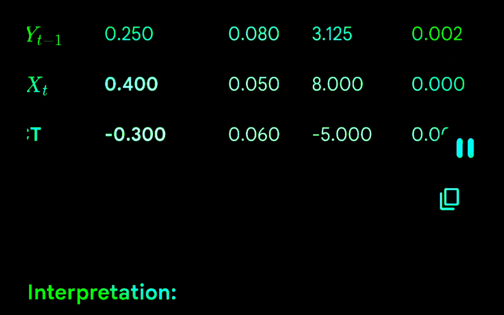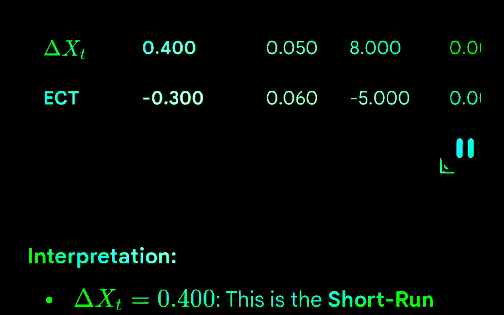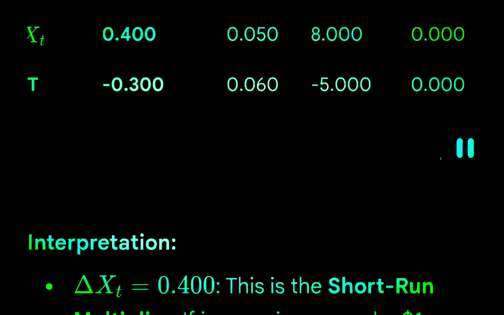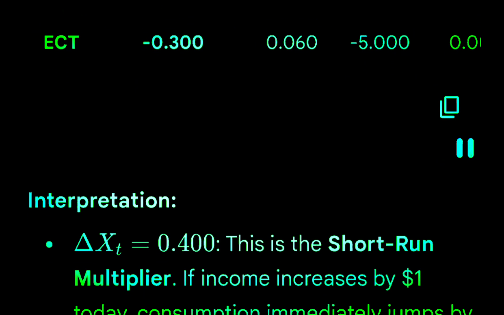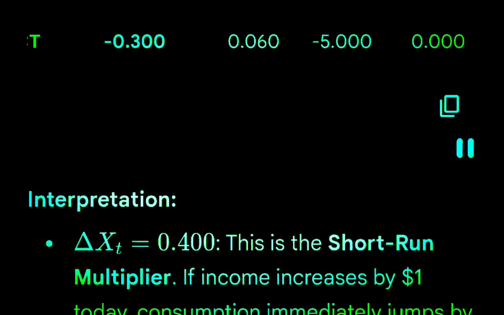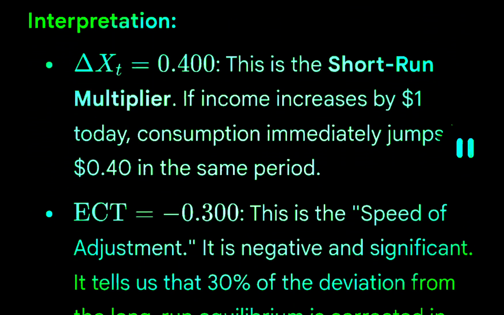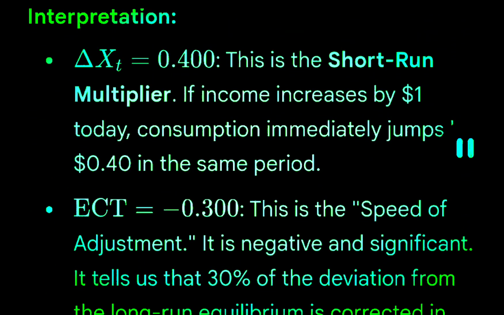Delta X_t: 0.400, 0.050, 8.000, 0.000. ECT_t-1: -0.300, 0.060, -5.000, 0.000. Interpretation: delta X_t equals 0.400.